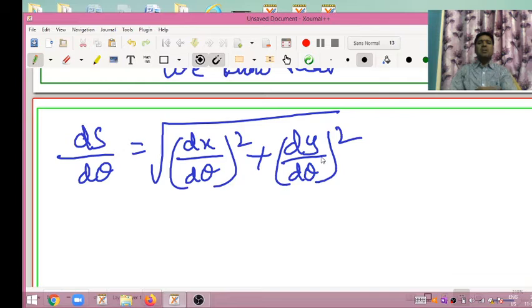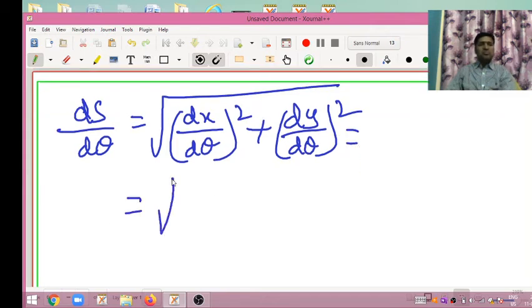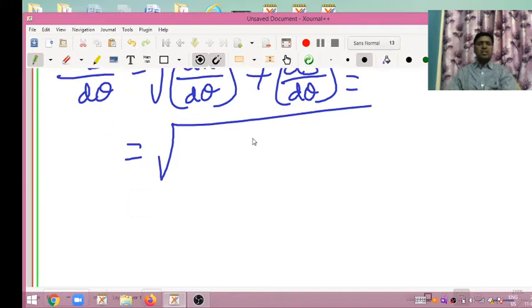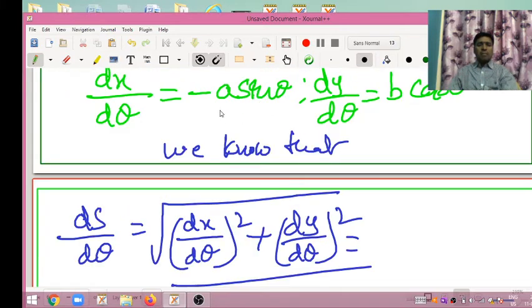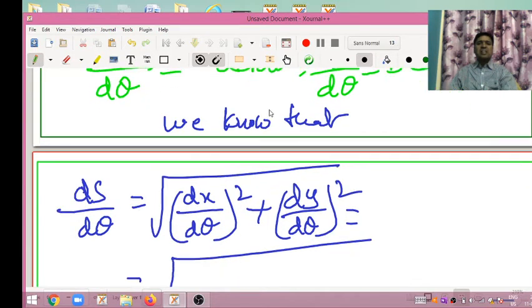We want to apply those values in this equation. We will get the ds value, my dear friends. See here, square root of, here dx by d theta value is minus a sin theta.